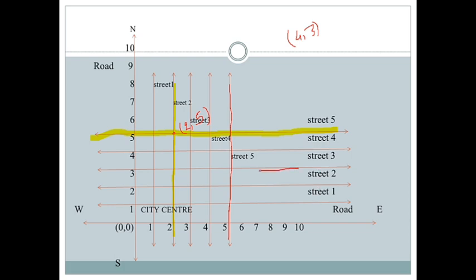So this is crossing from east to west. So here they are meeting at this point, and if they are meeting at this point then we call this point 4 comma 3. Again these streets do not meet at any other crossing. It means here it is given in the question how many cross streets can be referred to as 4 comma 3. So only one cross street can be referred to as 4 comma 3.